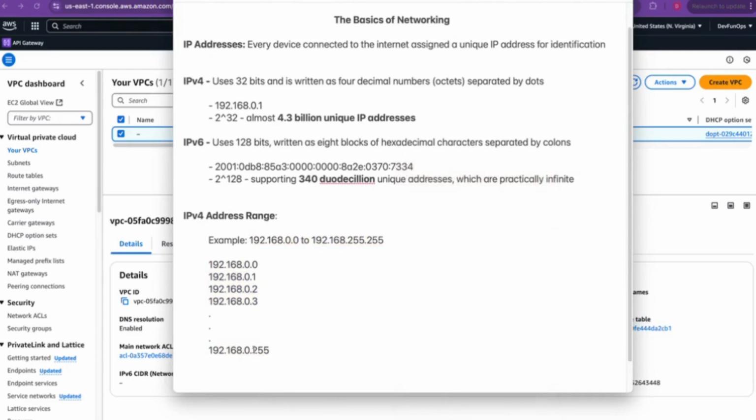What happens after the last block reaches 255? For the next IP address, the last block which has reached 255 will reset to 0, and the previous block will get incremented by 1. Again, the same process happens.